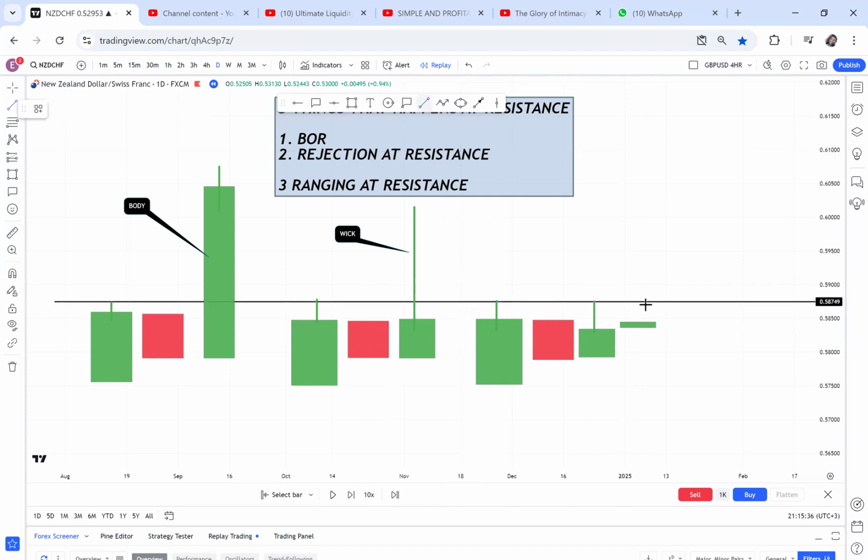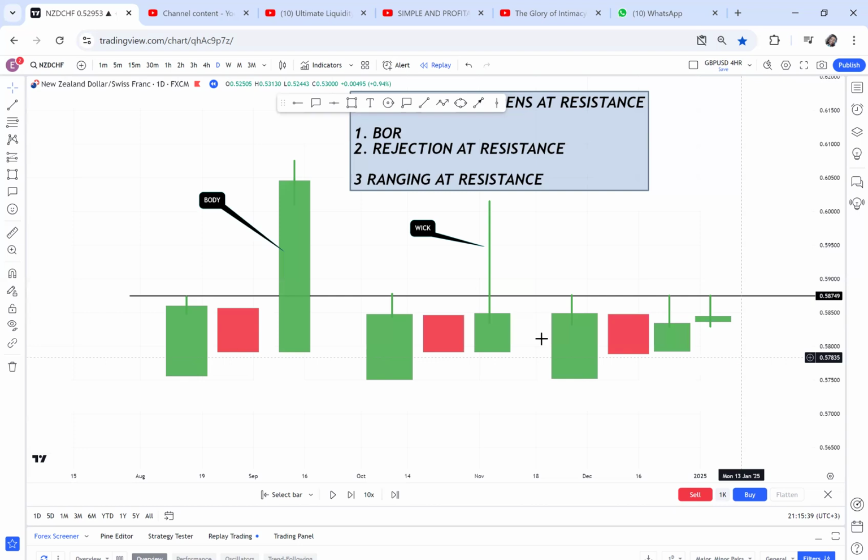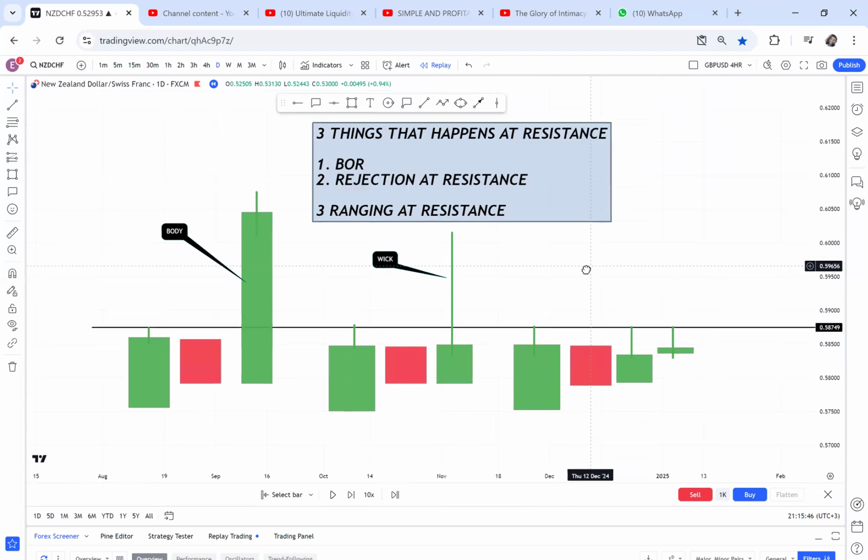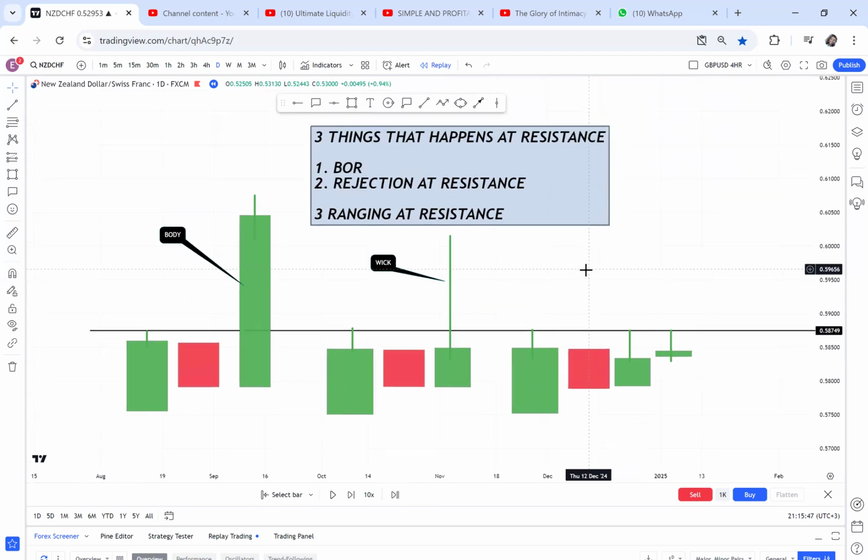That's what I'm calling ranging. Whenever you are analyzing your chart, this understanding is important. If you fail to understand this, it will be too hard on you. My resistance can be broken, rejected, or it can range sideways.